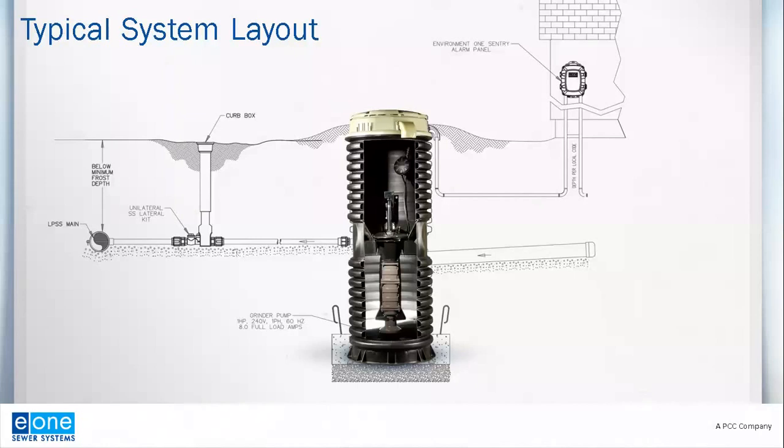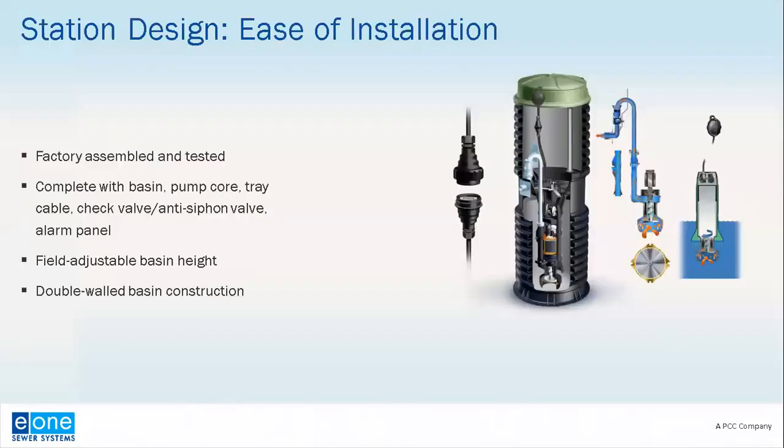Usually a stainless steel unilateral in the case of E1 would be required, which is fully tested and contains an isolation valve, a flapper check valve, and a clean out port. But that usually is the demarcation point, folks, between private and public lands. And then beyond that, typically the force main is located out in the street. And again, with an E1 low pressure sewer system, force mains are typically between 2 and 4 inches.